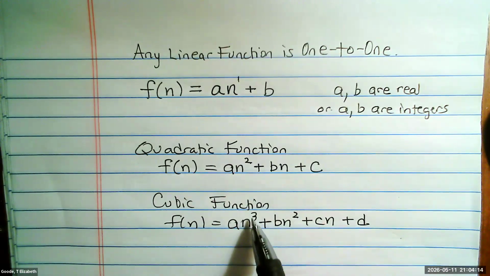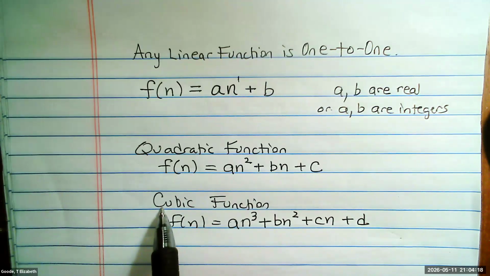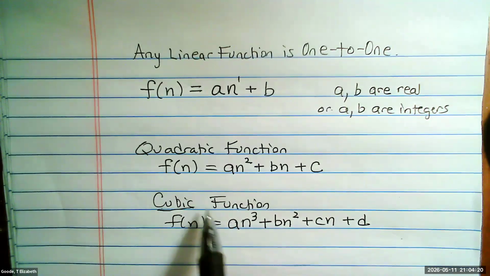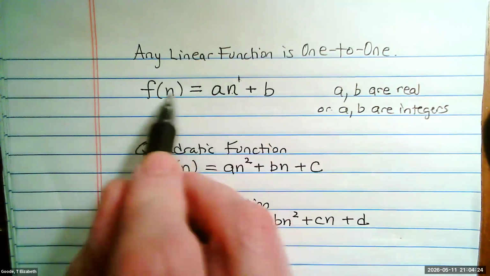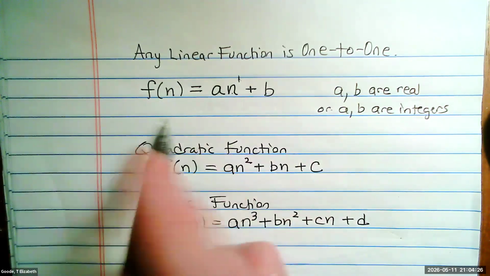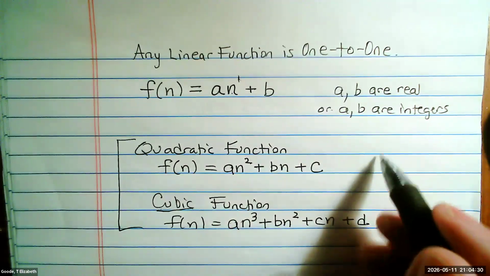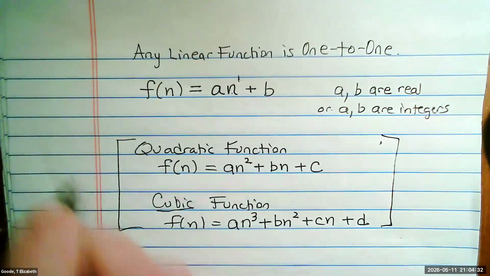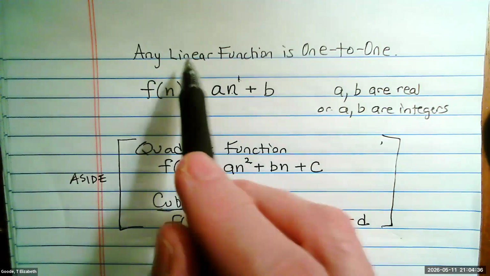See what I mean? It's the highest power of n that tells you the name. So if the highest power of the variable n is 1, it's called linear. Anyway, this is just an aside, okay? You don't need to go off the deep end. I'm not going to give you one of these, okay? But any linear function is one-to-one. Why?